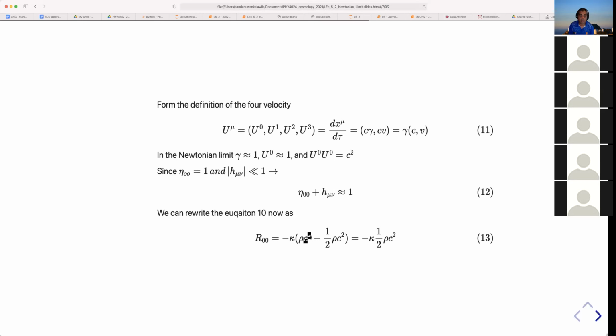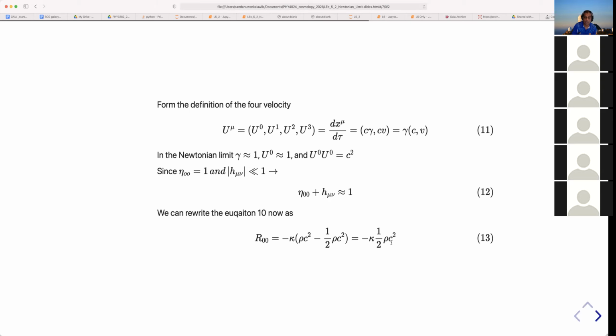And apart from that, for the metric tensor where you had G mu nu, which was equal to eta mu nu plus H mu nu, now it is equal to 1, and that term has disappeared because that value is now equal to 1 when you consider the 0, 0 term. So finally, you just have rho C squared minus half rho C squared inside the brackets, which will give you the final answer as minus kappa half rho C squared.